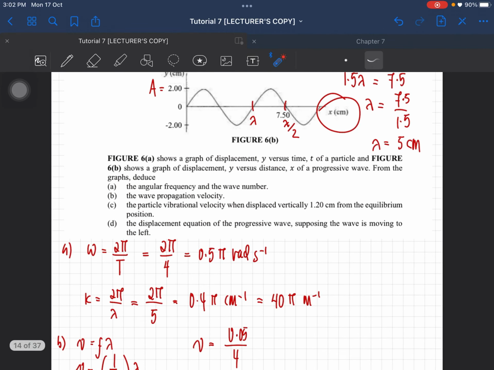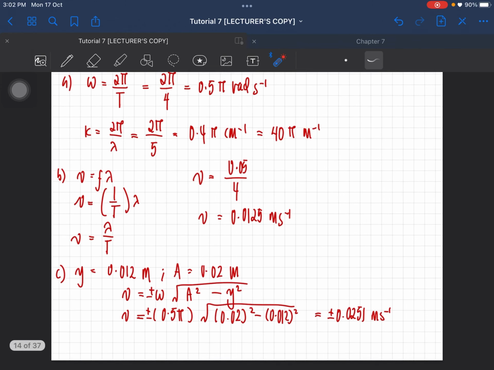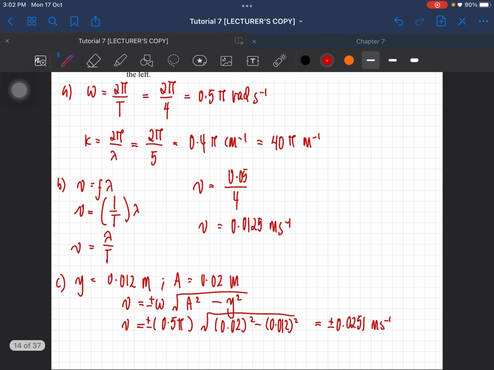Then they ask us to write down the displacement equation supposing the wave is moving to the left. If it's moving to the left, it will be positive. So that's going to be y equals A sine of omega t plus kx. So we have everything.